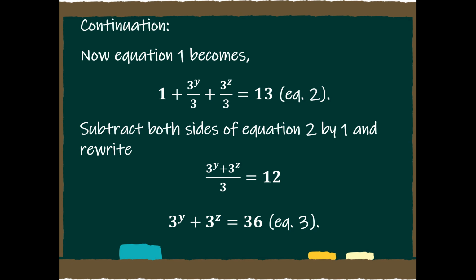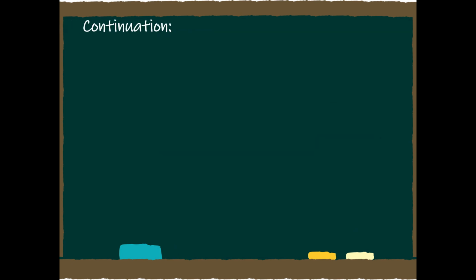The next step is to rewrite again: 3 raised to y plus 3 raised to z over 3 equals 12. To have no denominator at the left, all you have to do is multiply both sides by 3. So you have 3 raised to y plus 3 raised to z equals 36.